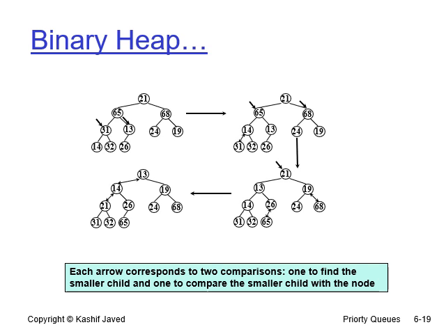65 compared against the two children, 13 and 14, is the heap order property being violated? Yes, it is being violated. So since it's being violated, what should happen? 13 being the smallest out of the two children, 13 goes up, 65 comes down. So when you move 13 up, 65 comes here.